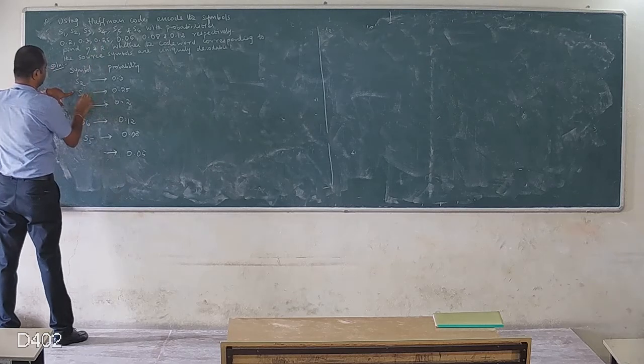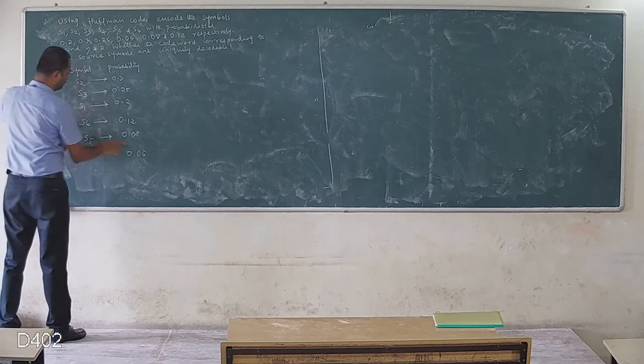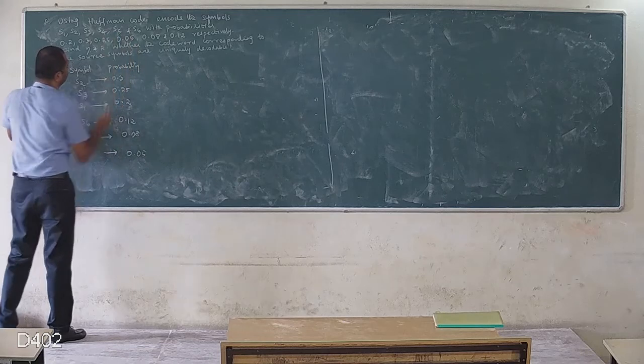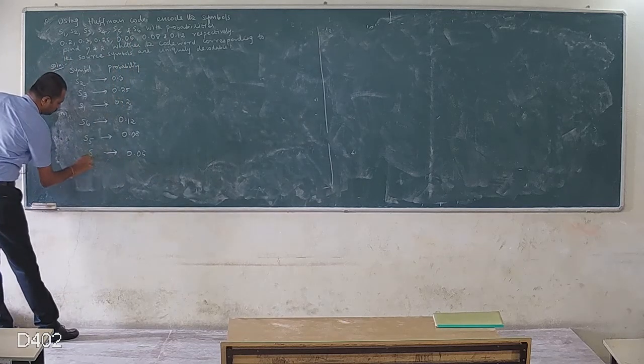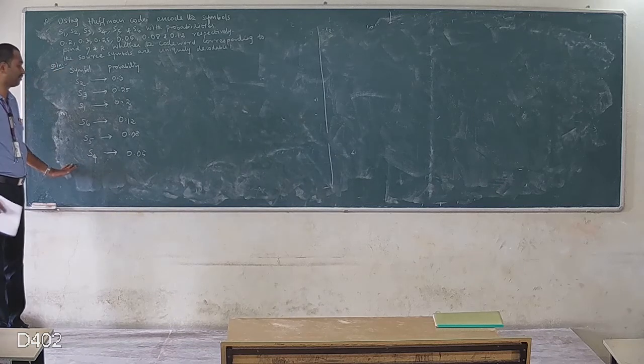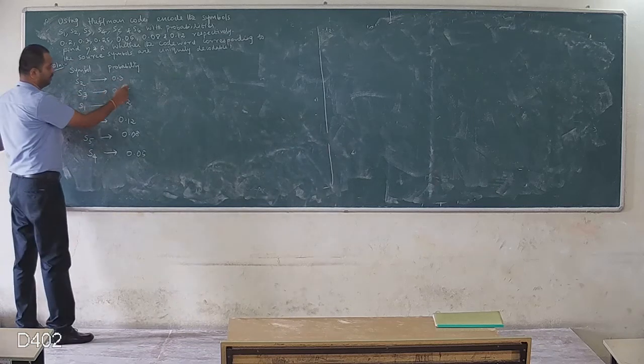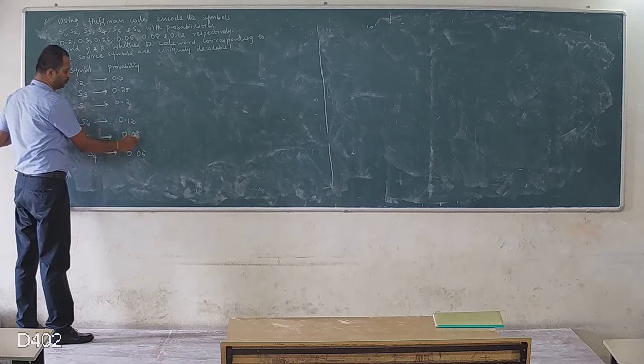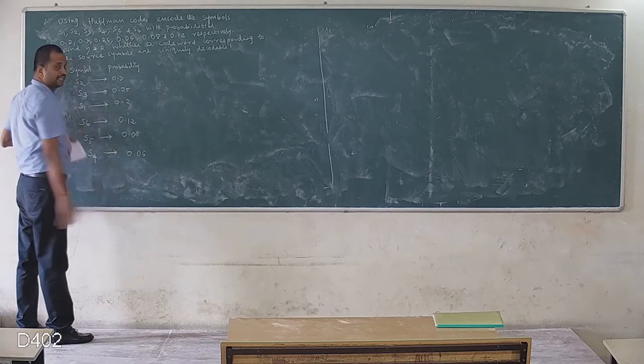I made a mistake earlier, please correct it. So first the messages are written in descending order of probability. Now you check it out: 0.3, 0.25, 0.2, 0.12, 0.08, 0.05. Yes, it is in descending order.